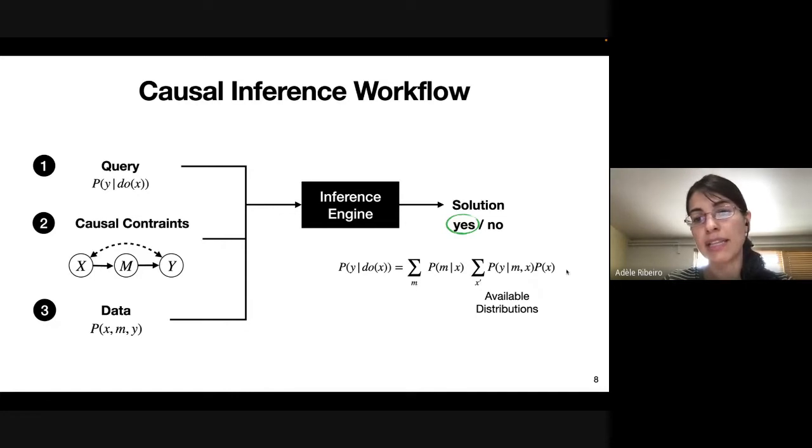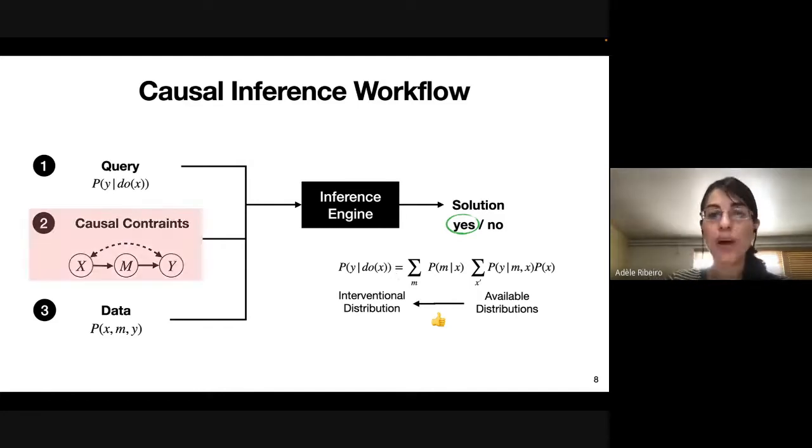But this expression will always be in terms of the distributions that you have available. And then this is going to determine the interventional distribution of interest, the desired causal effect. So that's the workflow.